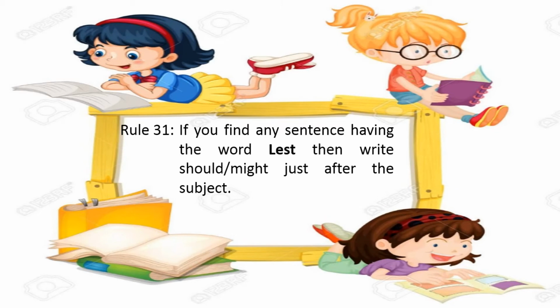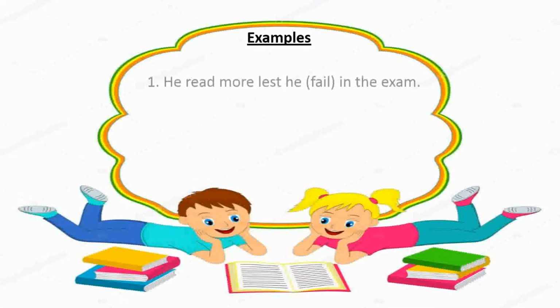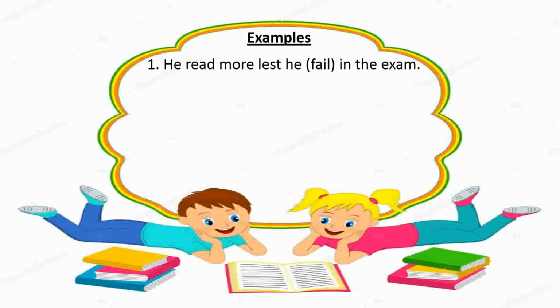If you find any sentence having the word lest, then write should or might just after the subject. Let's have the example. He read more, lest he failed in the exam.